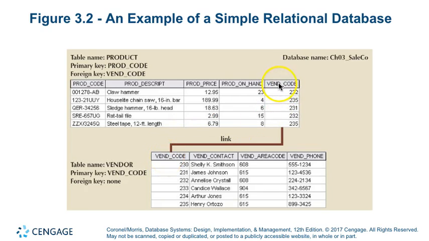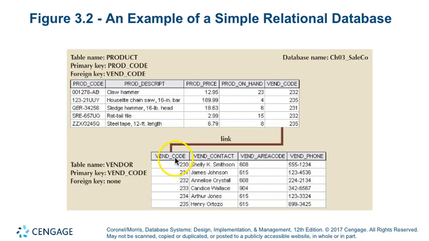You don't have to have this say vend code. This could be called vend ID or VID, and this could be called vend code, as long as somewhere in the metadata of your database you establish the relationship that vend code relates to the vend code in the vendor table.